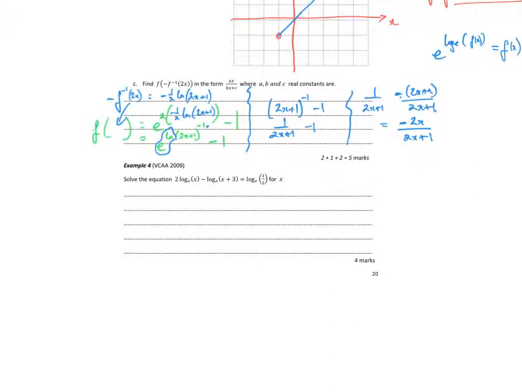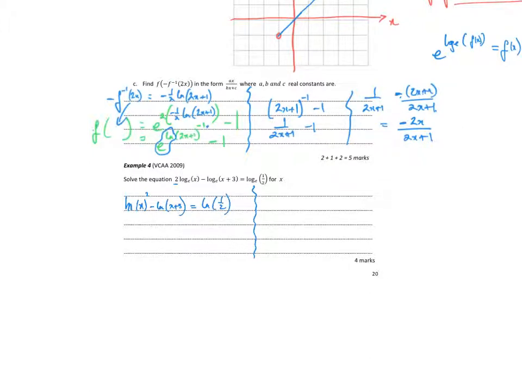Solve the equations. Okay, so they're all log base e. Again, before we can do any solving, let's get that number out the front. So let's write that as natural log of x squared minus natural log of x plus 3 equals natural log of a half.